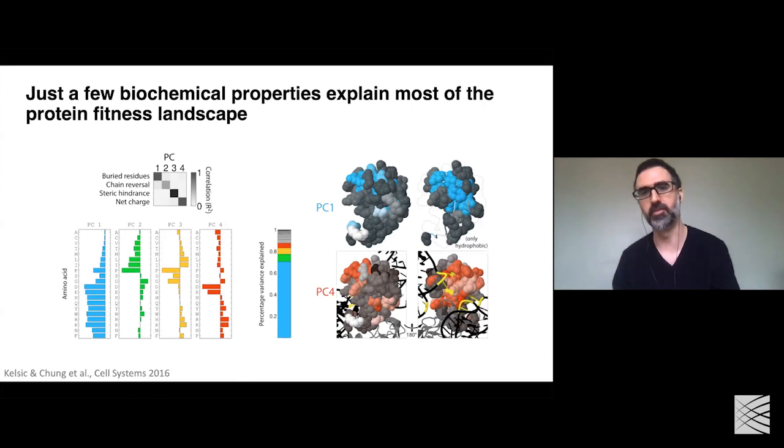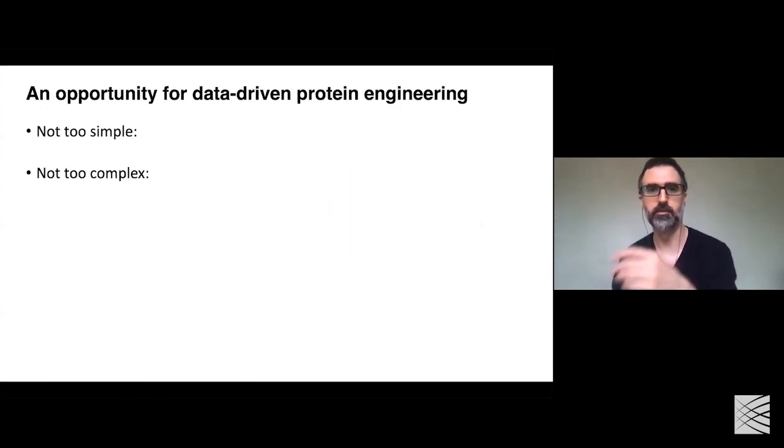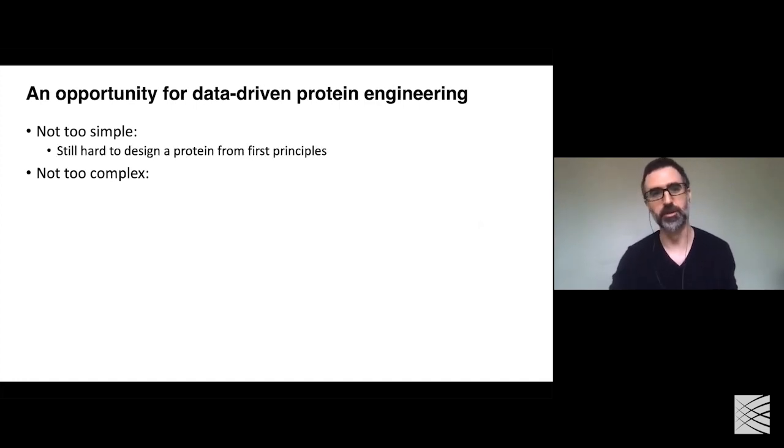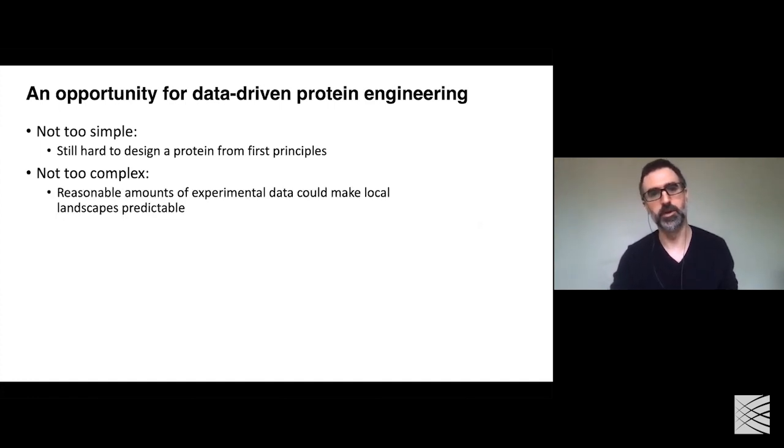You could probably subsample that landscape and get a pretty complete view. In other words, it felt like an opportunity to do protein engineering more like a Goldilocks problem, not too simple to be boring, but not too complex to be intractable. It's still hard to design a protein from first principles, but with a reasonable amount of experimental data, we can make pretty good local approximations of those fitness landscapes.